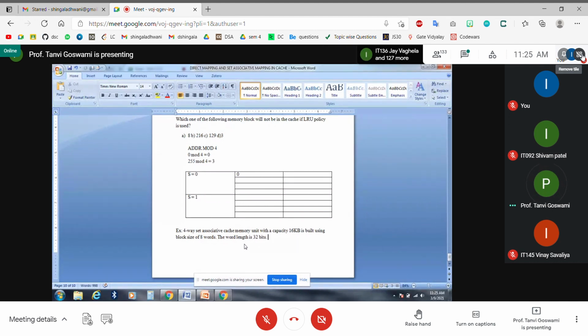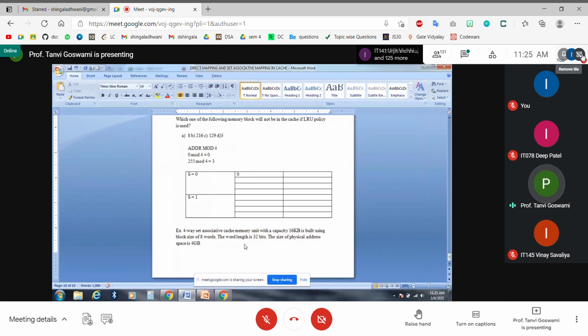Right? The size of the physical address space, what is the physical address space? It is the space in your main memory, right? It is 4 GB.